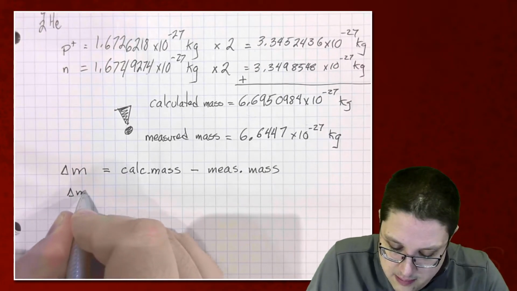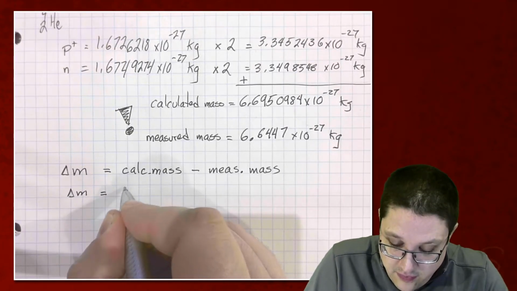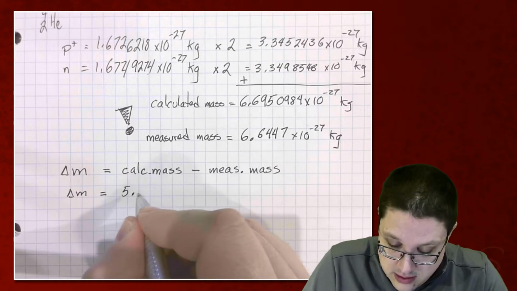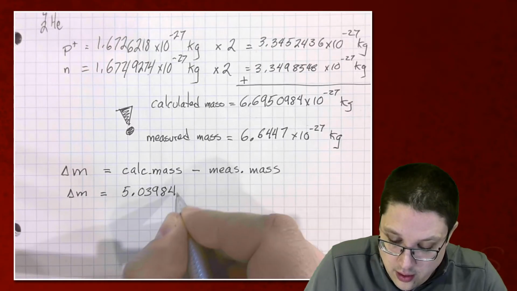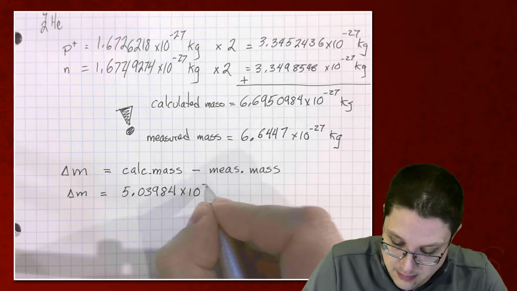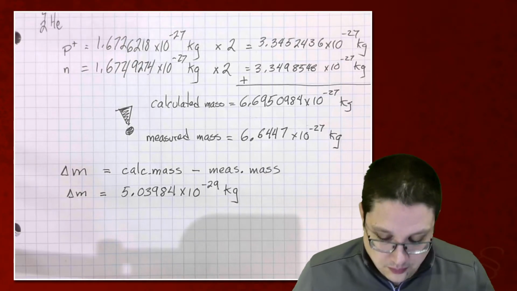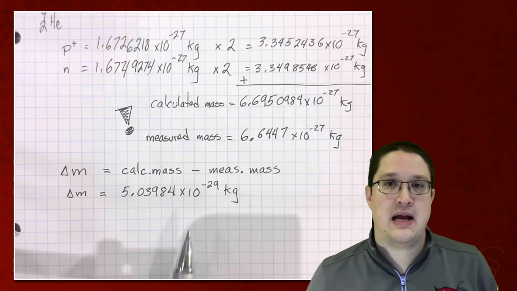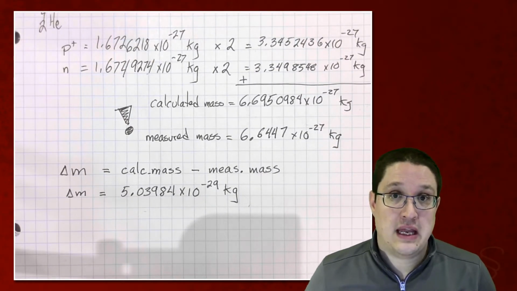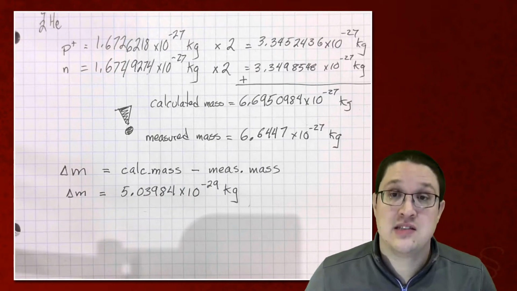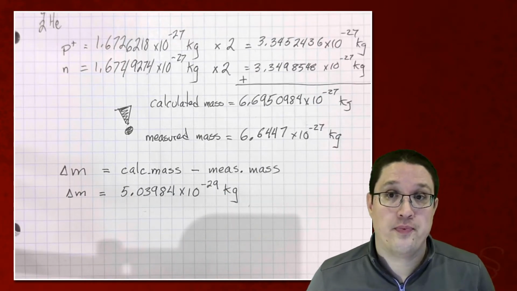My missing mass here works out to be 5.03984 times 10 to the minus 29 kilograms. In other words, we have this much mass that is missing from the nucleus of the helium atom. And this is weird. We should have this, but where did it go?